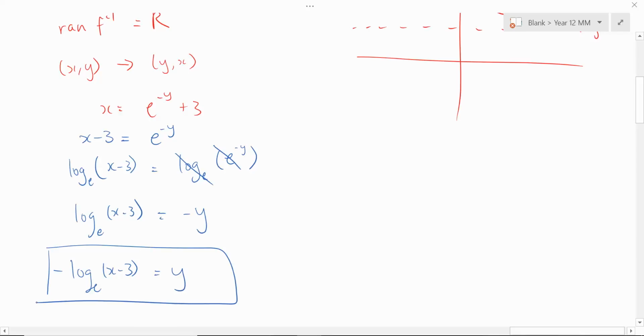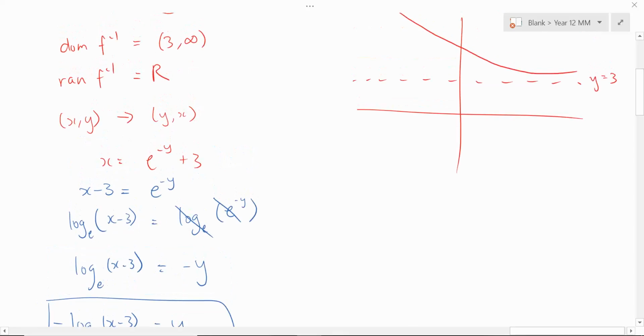Now, am I done? No. Every time you define a function, find a relation, find the inverse, or define the rule, whatever that is, I always ask you to do what? Domain and write in function notation. So in this case, you do not use y. It's not y, because I never gave you y.